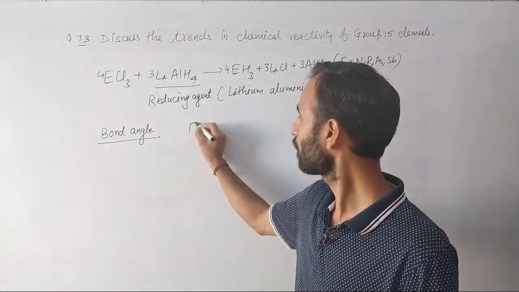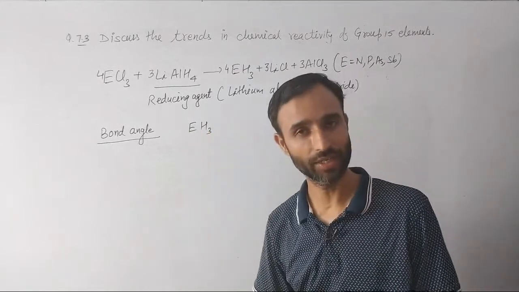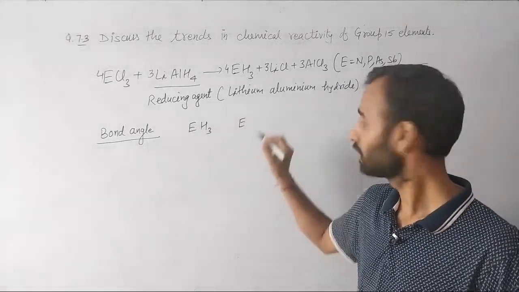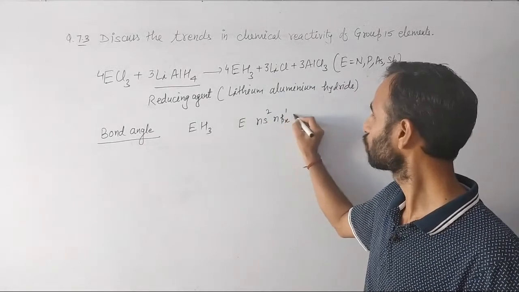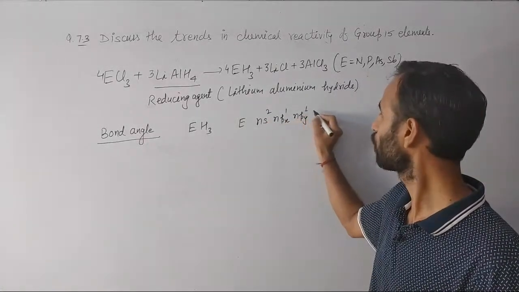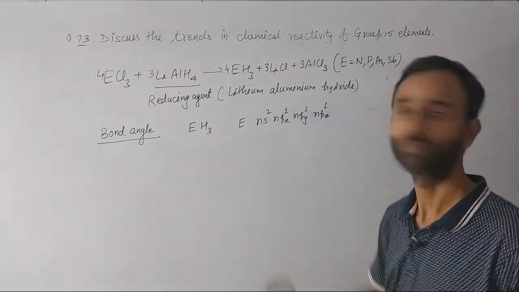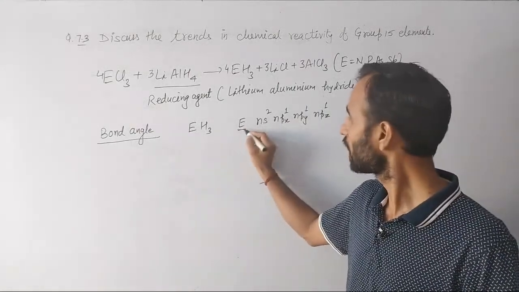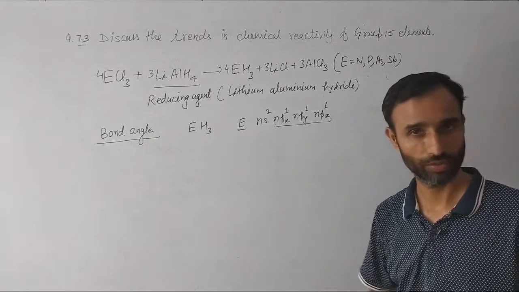If we have any group 15 hydride, this element, group 15 element, has electronic configuration ns2, npx1, npy1, npz1, right? Now this element has 3 unpaired electrons.